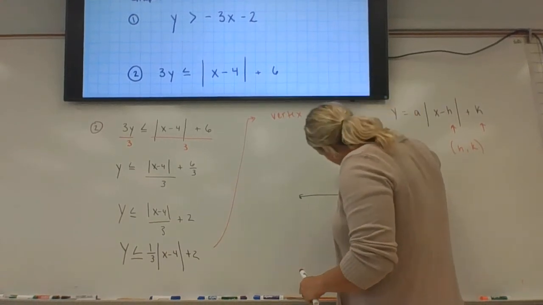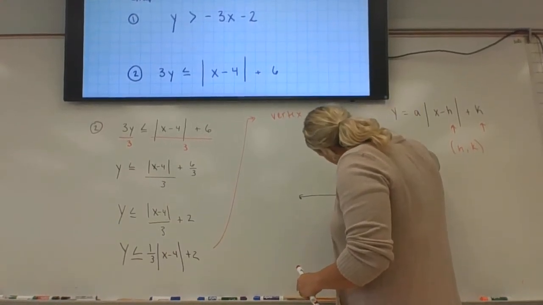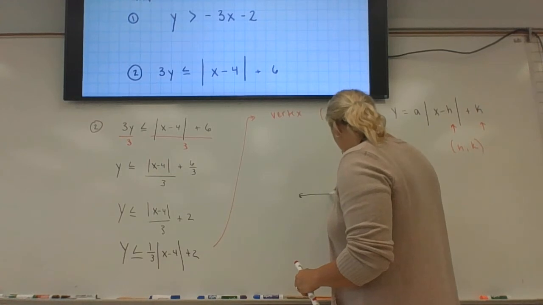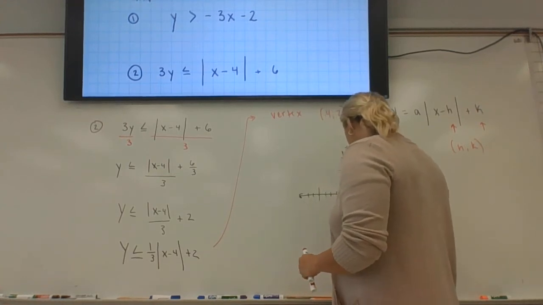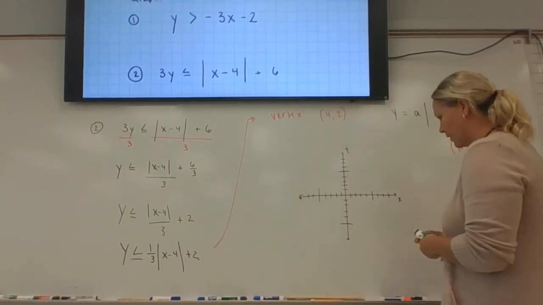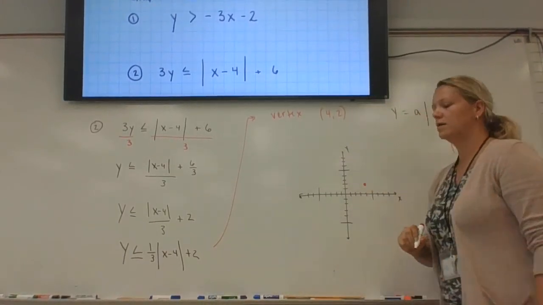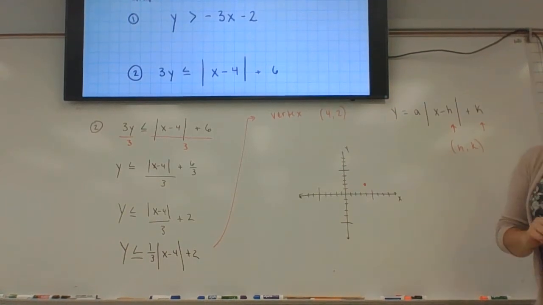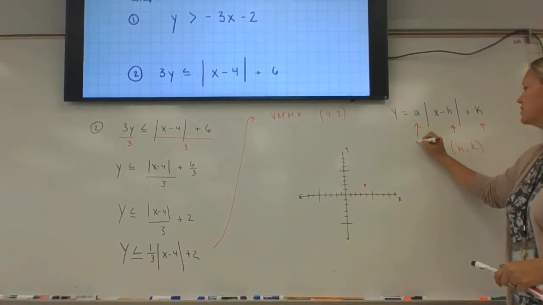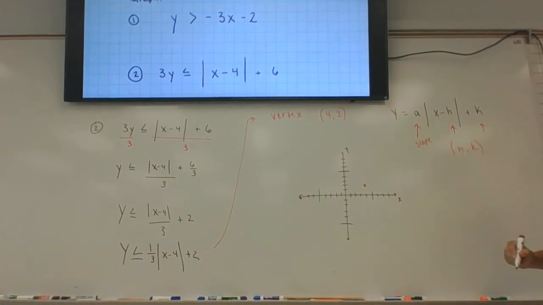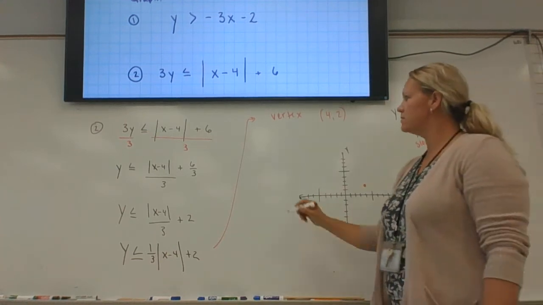Hope I make this big enough. So my slope's not going to be 1 over 1. What will the slope of the branches be? This is the slope of the branches. For ours, it's 1/3.